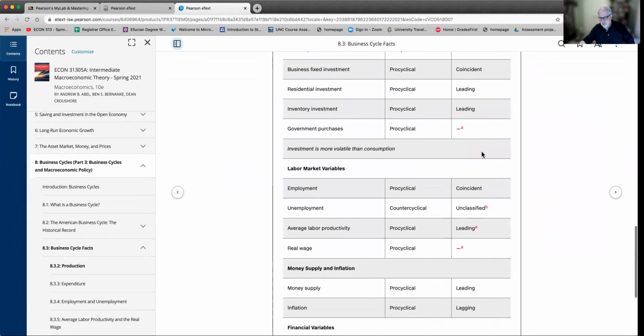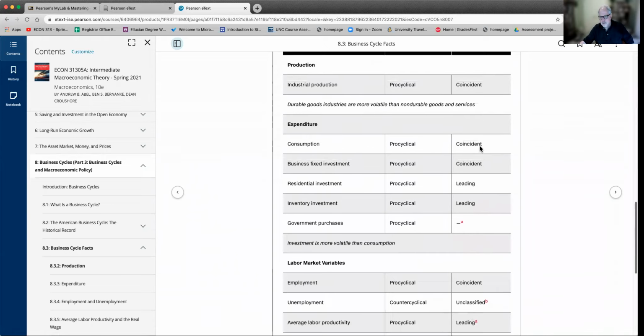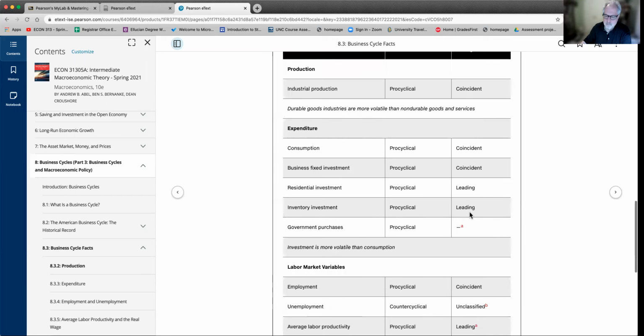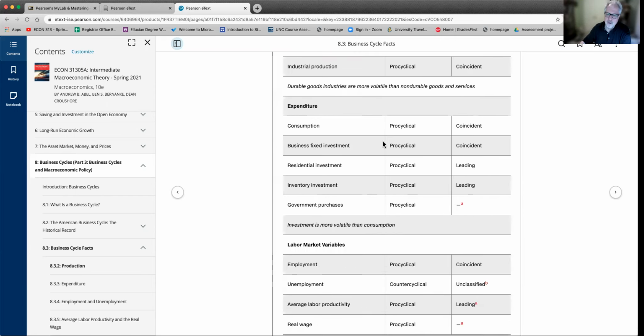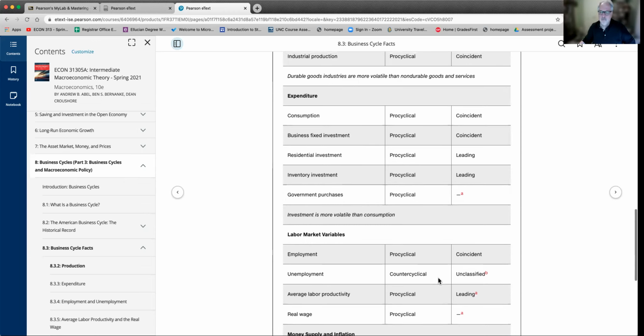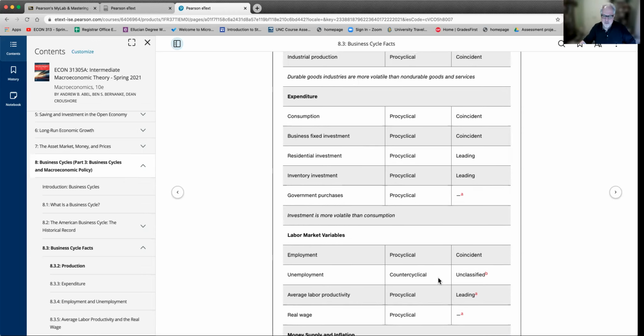That's what coincident means, or the timing: whether they go exactly with the cycle, or whether they start to move ahead of the cycle, or whether they lag a little bit. And you can see that most of the variables that we care about in the economy are pro-cyclical. They move with the economy. That's what Burns and Mitchell were talking about when they looked at data for the U.S. economy. That's what they saw. They were the first ones to really look at that in depth.